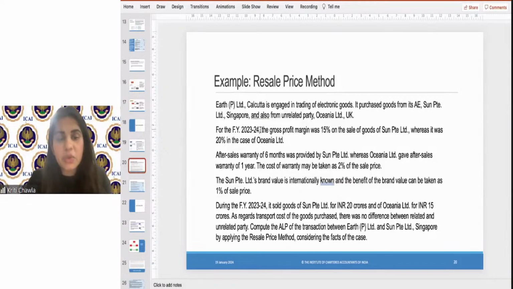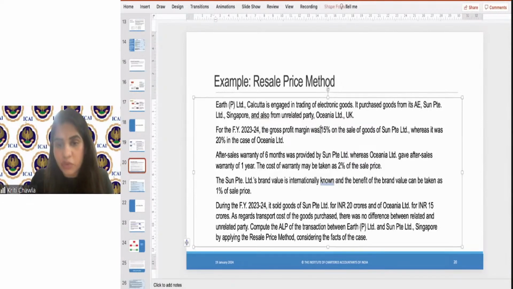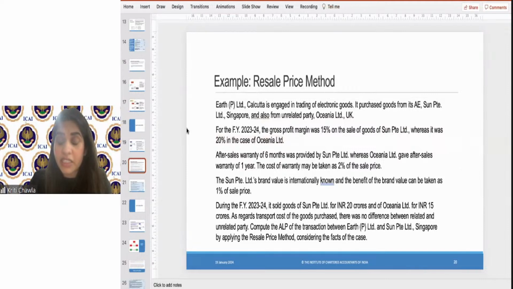For the financial year 2023-24, the gross profit margin was 15% on sale of goods of Sun Pte, whereas it was 20% in case of Oceana Limited. That basically means the AE situation margin was 15% and the unrelated situation margin was 20%.